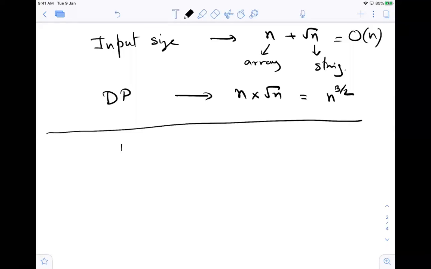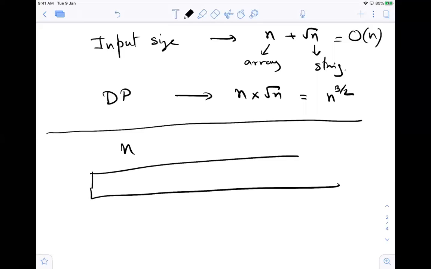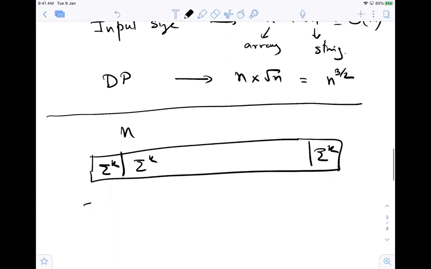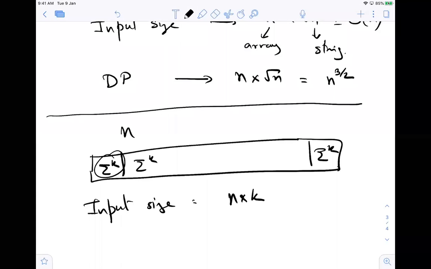So you have an array of length n, where each element is a string of length k over the alphabet sigma. So the input size is n times k, because each of the elements has k symbols.